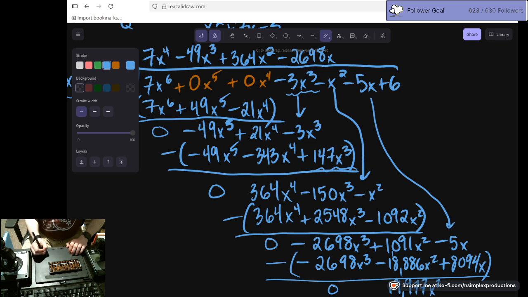And then this is going to be a negative 5 multiplied by, you can't see that, negative 5 subtracted by 8,094 is going to be a negative 8,099x plus 6.